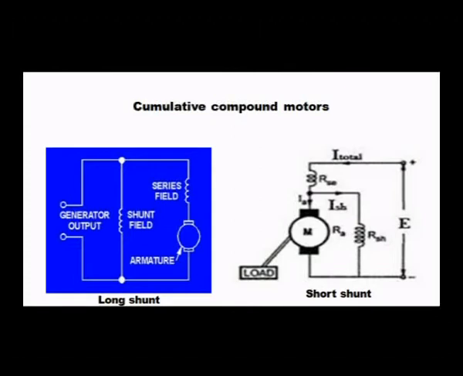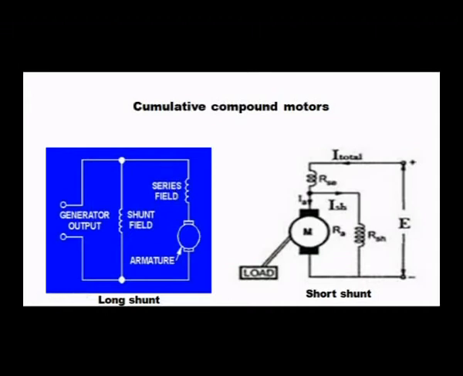This diagram shows a cumulative compound motor. But again in cumulative compound motors there is a subclassification based on how the shunt field winding is connected with the armature as well as the series field winding. Just look at this diagram: how the shunt field winding is connected with the armature as well as the series field winding.